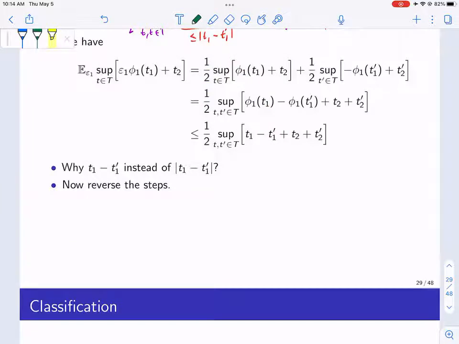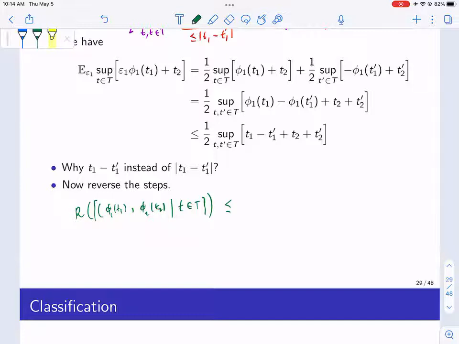I want to argue that the Rademacher complexity of phi 1 T1 and phi 2 T2, as the T values vary in T, is bounded by the Rademacher complexity of the case where I peel both off.